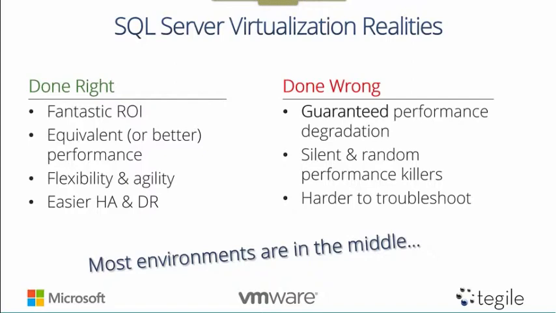Now, there's flip sides to everything. Problem here is if it's not done right, I can guarantee you that you will have performance degradation. Problem is, it's not something that you're going to be able to see in an event log or a DMV. Most of the time, this stuff is silent and it's random, and that's not good.